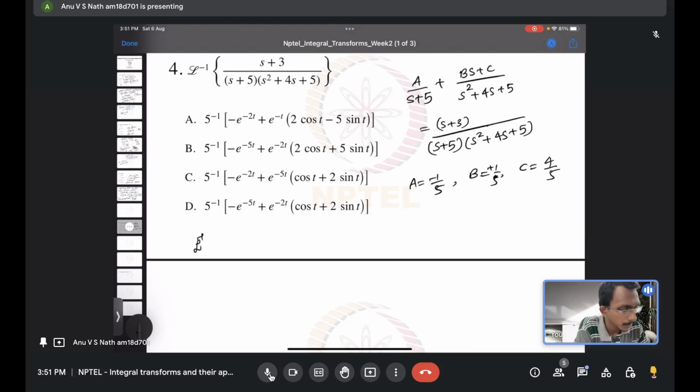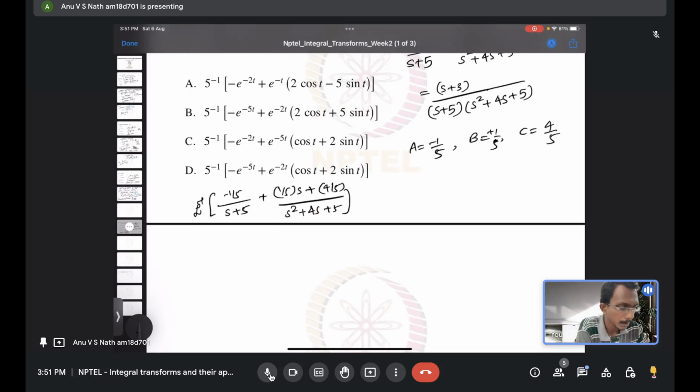So just Laplace inverse of, now the function we can write like minus 1 by 5 divided by s plus 5, then (Bs plus C) that's 1 by 5 times s plus 4 by 5, the whole divided by s square plus 4s plus 5.